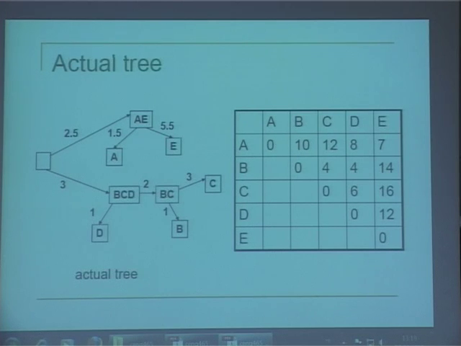So when you're distributing these weights, you can take into account the overall distance of B to the rest of the objects, and the distance of C to the rest of the objects, and divide the weight accordingly. This is what the neighbor joining algorithm does, but I'm not going to talk about the details of the neighbor joining algorithm. It's possible to have a tree with the same structure, same topology, but just the weights on these edges are different.